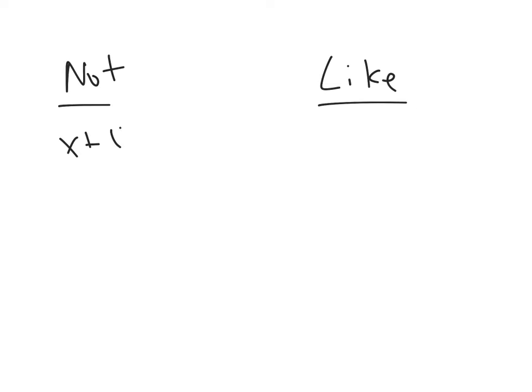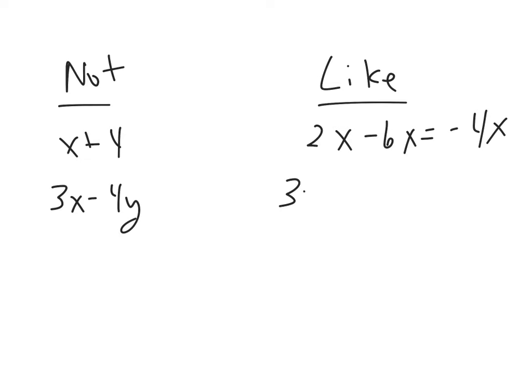All right, so here's some not and some like. So if I had like x plus 4, or if I had 2x minus 6x, that would be negative 4x, right? I can put them together. Or if I had 3x minus 4y, what if I had 3xy plus 4xy? Are those the same? Yes.